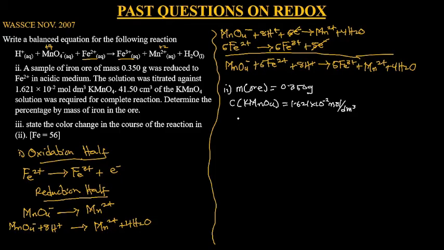Then we also have the volume that reacted, which was gotten from the titre value. So the volume of KMnO4 is 41.50 cm³, and this will be equal to 0.04150 dm³.